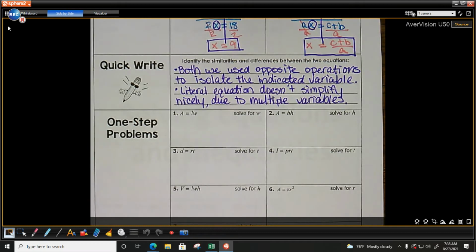So my answers today, my solutions today are not going to be nice and pretty, okay? We're following the same steps, though, as we've been using all unit.